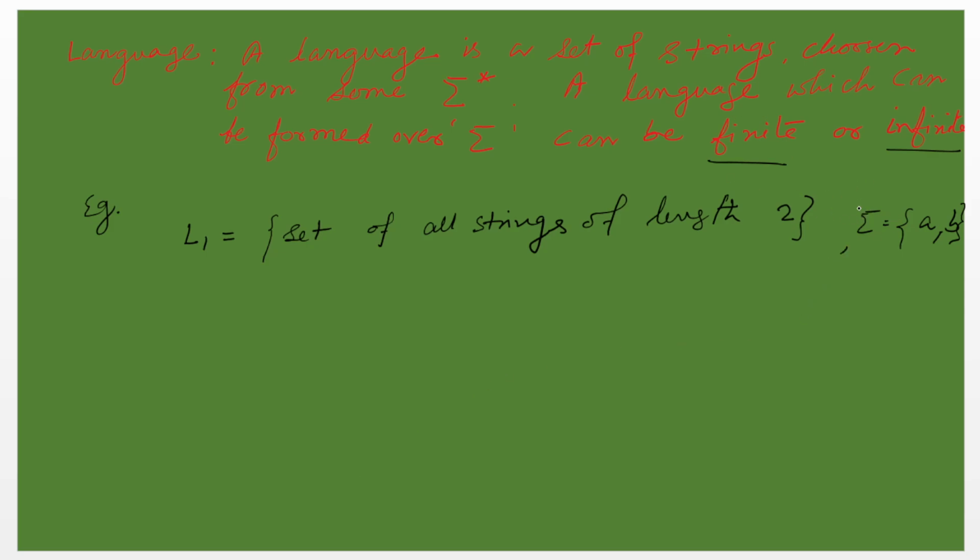That means the language will be generated over this sigma. Obviously it is a finite language, because we know the set will be AA, AB, BA and BB. These are the possible strings of length 2. So obviously it is a finite language.